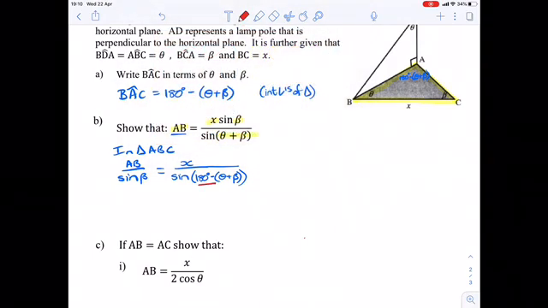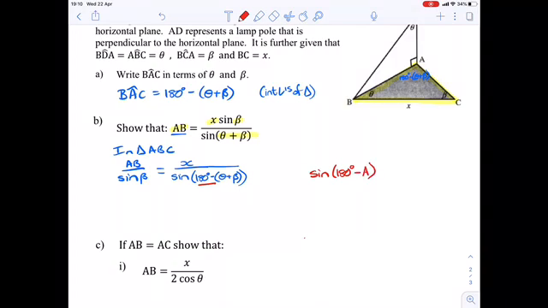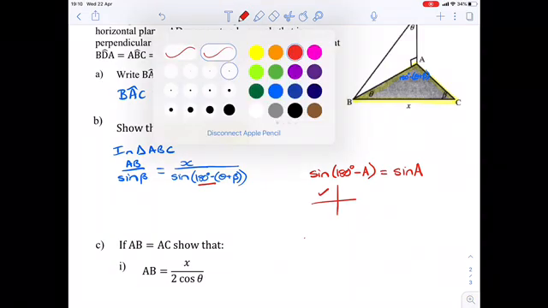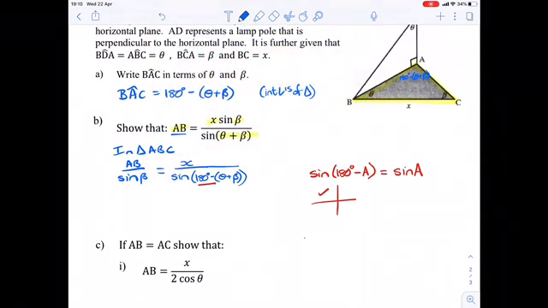So 180 degrees minus, that is a reduction rule. And remember that sine of 180 degrees minus an angle, that would put us in the second quadrant where sine is positive. So that would be sine of the angle. So that's actually exactly the same as what we've got in the denominator for the thing we need to prove. So I've got AB is equal to x sine beta by multiplying by sine beta. And then in the denominator, using my reduction rule, I'm just left with sine theta plus beta.